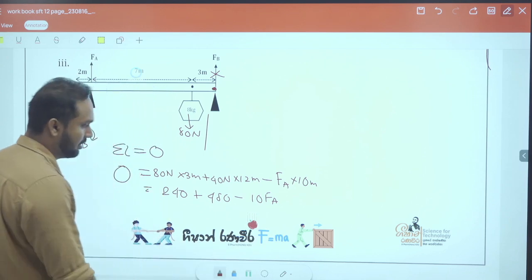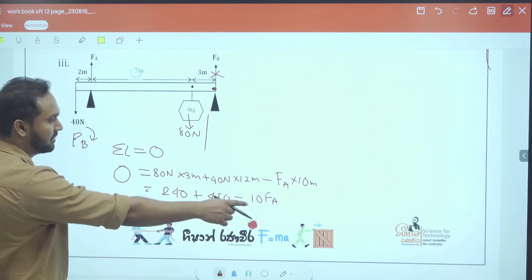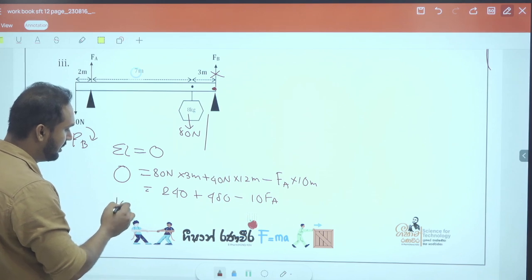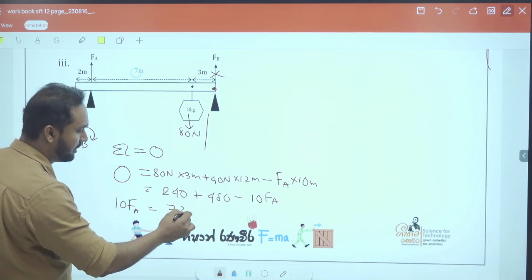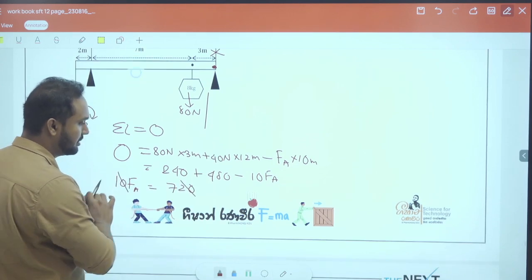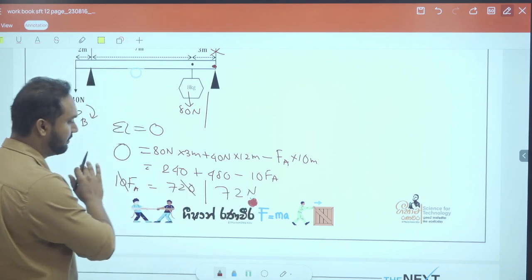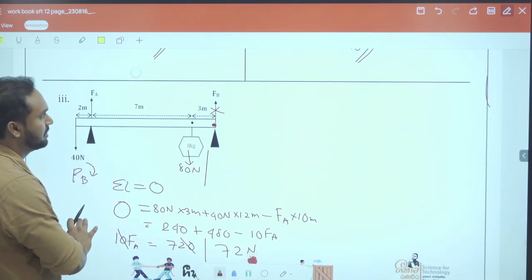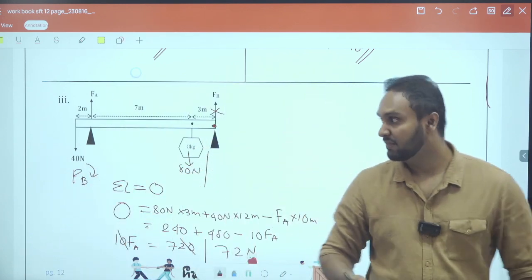Now adding these two together, what do you get? 720 minus 10 FA, coming this way becomes plus, so 10 FA is equal to 720. Now FA is equal to 72 newtons. So the FA equals how much? 72 newtons. Got it?